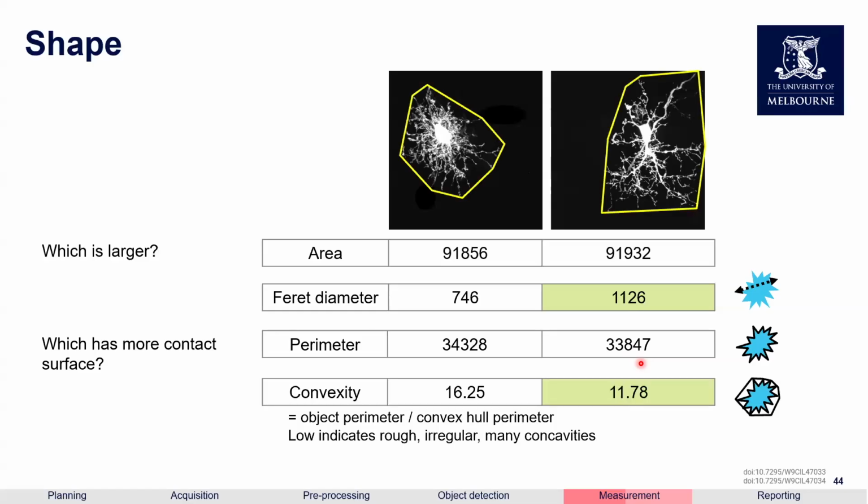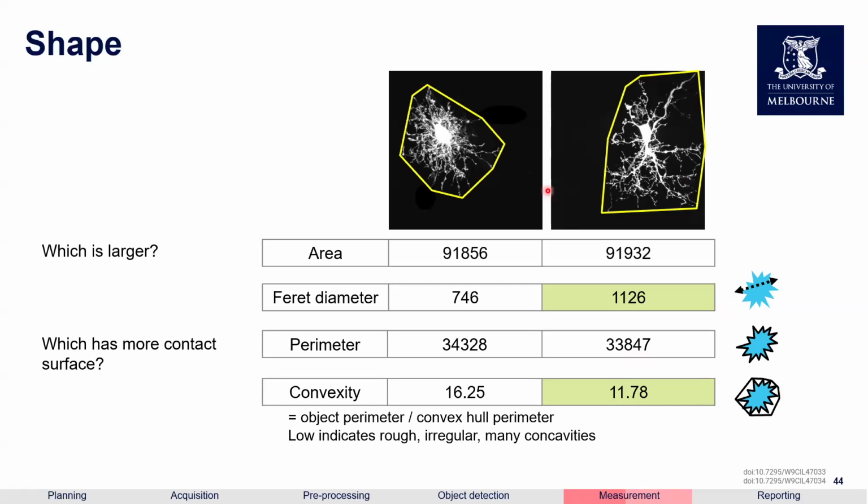In this case, we need a different type of measurement. One of them is convexity, which can be a good measurement as it measures the ratio of the object perimeter to its convex hull perimeter. The convex hull is the minimal polygon that fits the object, so it's like the shape when you put a rubber band around the object.